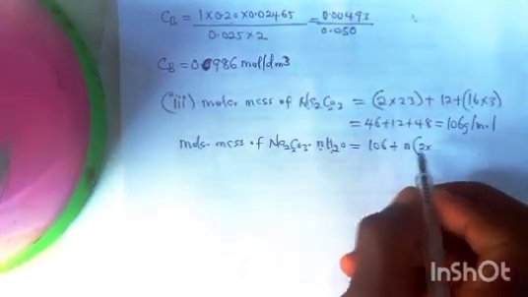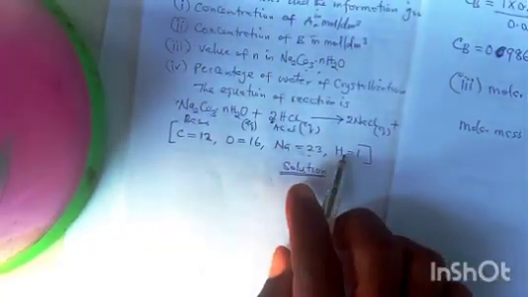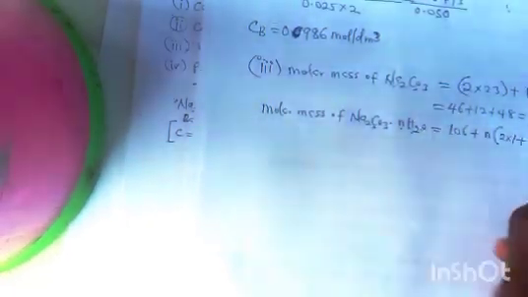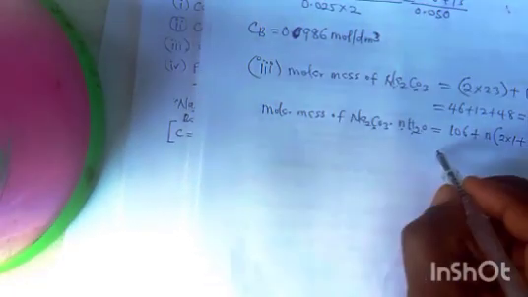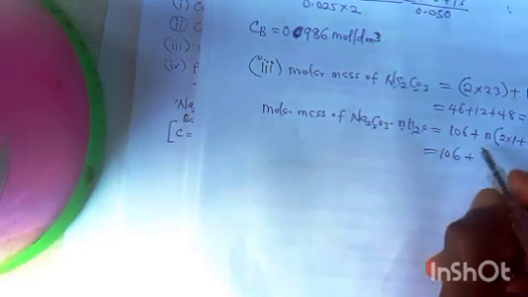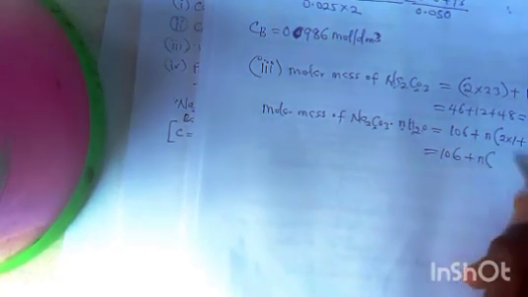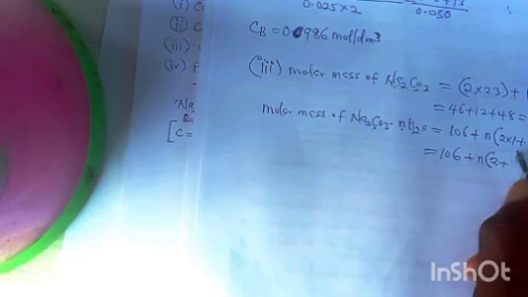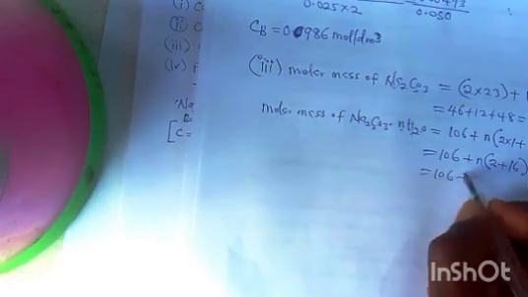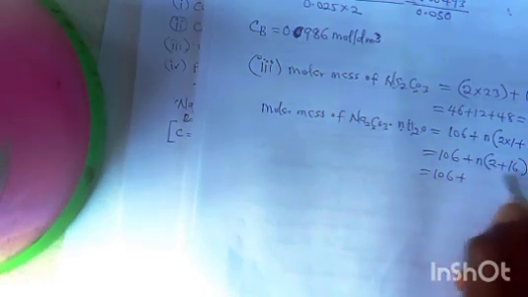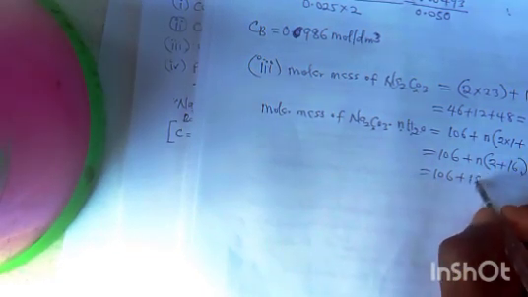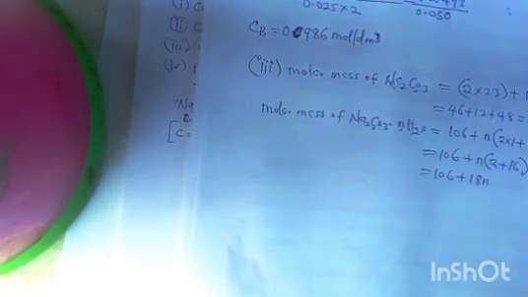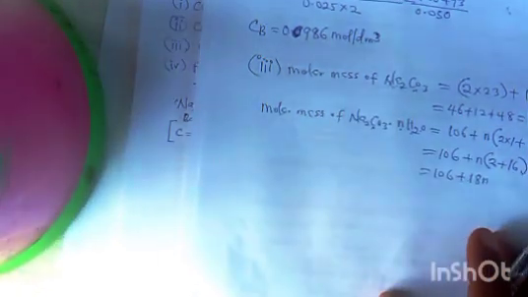The atomic mass of hydrogen is 1, so 2 times 1 plus oxygen is 16 here, so you put 16. So the whole of this gives us 0.6 plus, and this n is multiplying everything inside this bracket. This time it gives us 2 plus 16, which gives us 18. So 0.6 plus 18 times this gives us 18n. So here is 18n.